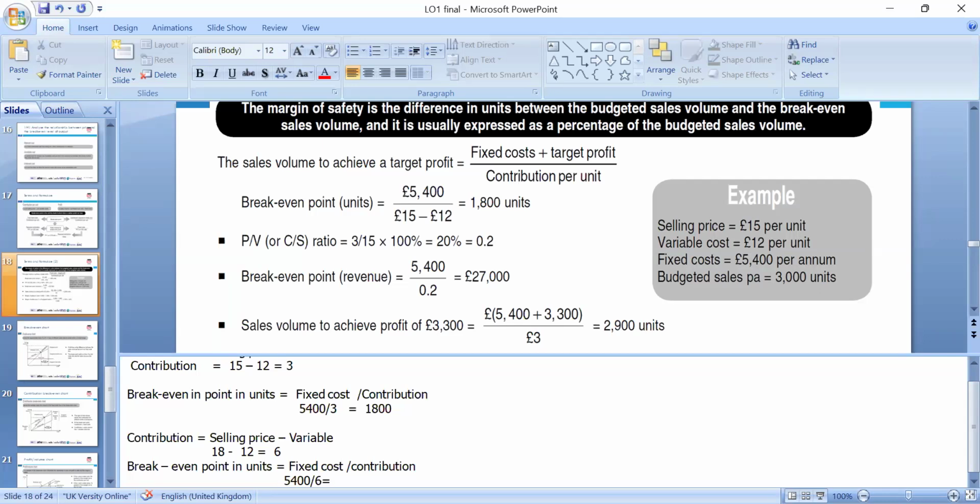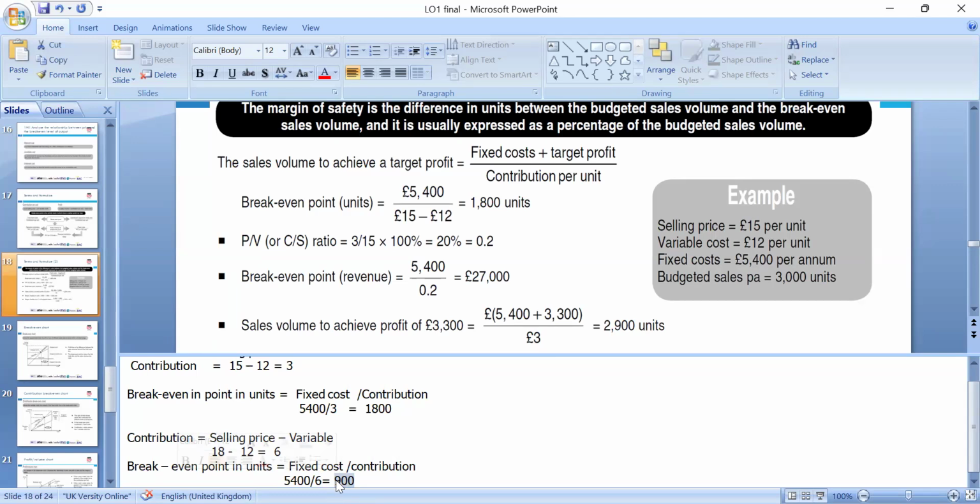Half of it now. First your contribution was 3, so you had to sell 1,800 units to break even. Now your contribution went up because you increased the selling price, other things staying the same, so you sell 900 units to break even.